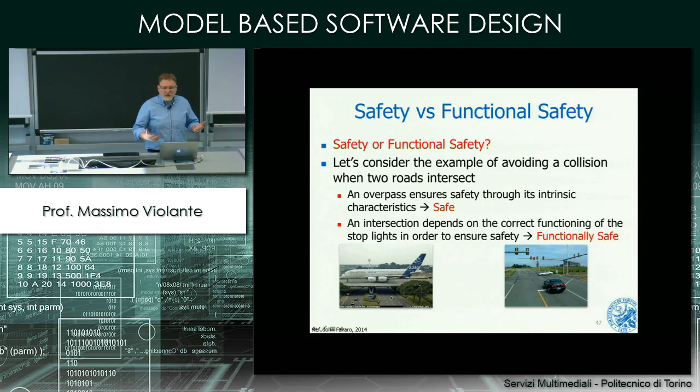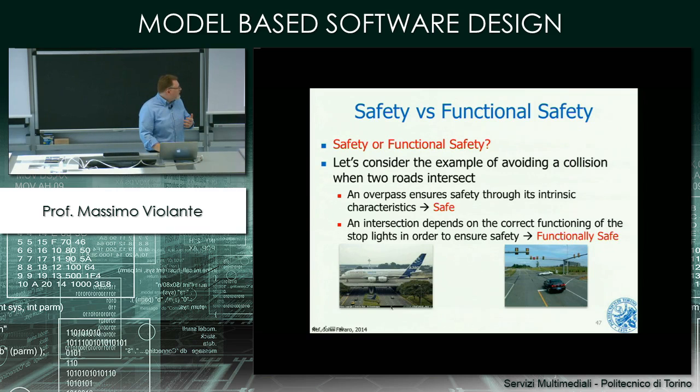So what is happening here? It is never possible that one vehicle moving in this direction and another vehicle moving in this direction crash into each other. It is not possible. The two roads are at two different levels. We will never have an incident there due to the existence of two vehicles at the same time on this crossing. Never, it is not possible.